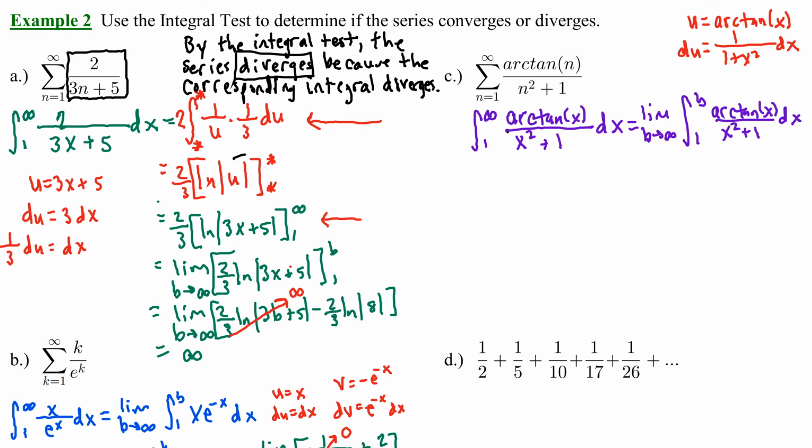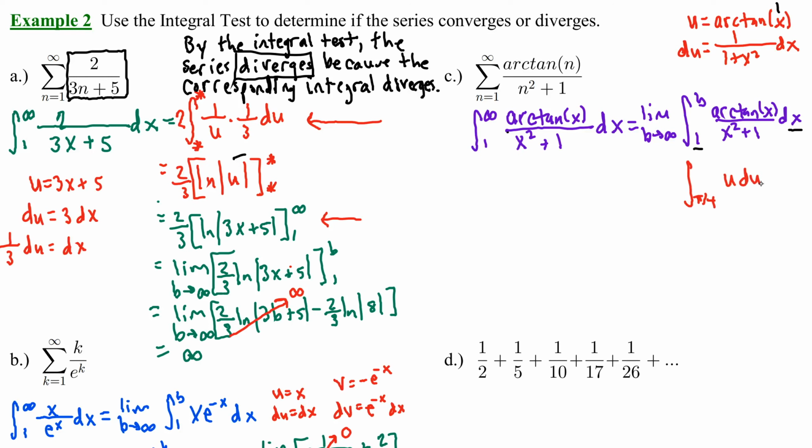The relationship between u and x is by our substitution statement, u equals arctangent of x. So when x equals 1, arctangent of 1 is pi over 4. So my lower limit will change to pi over 4. Our integrand is u du.